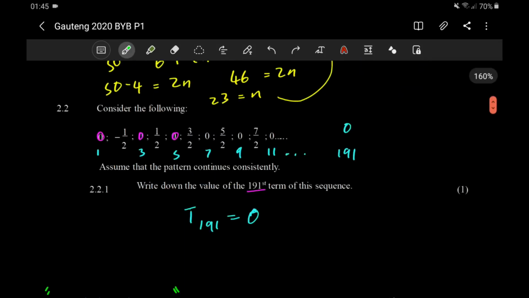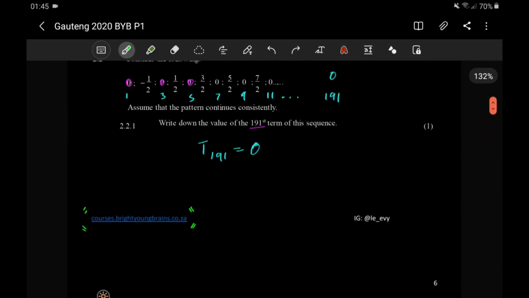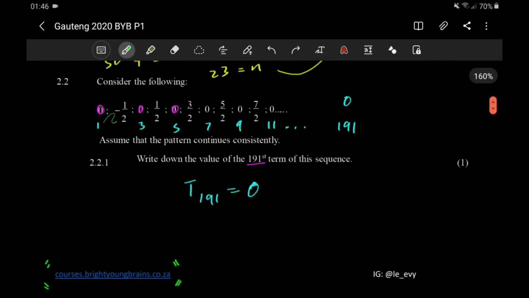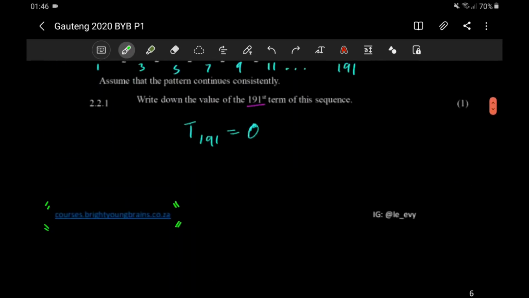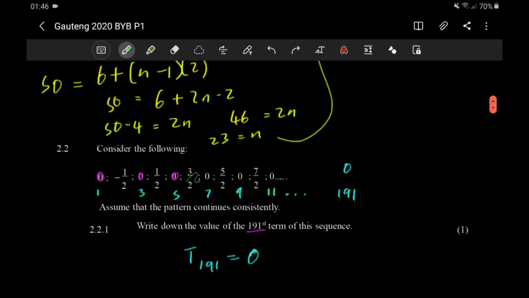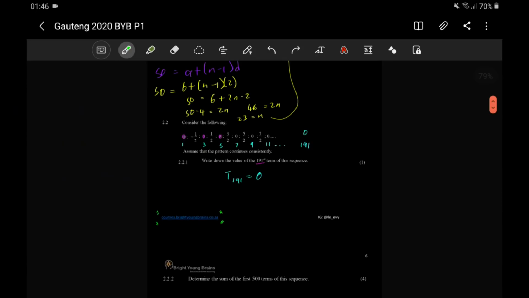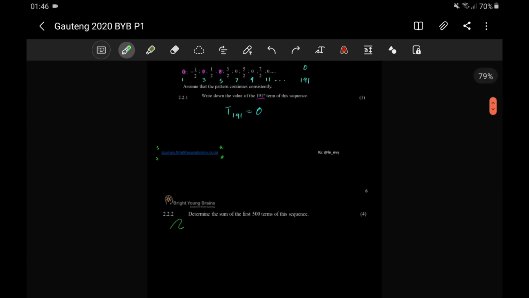You actually just need to work out the sum of the first 250 terms, because the other 250 are just zeros. So let me see here. This is just negative a half, you have a half, you have 3/2, you have 5/7, going on and on.